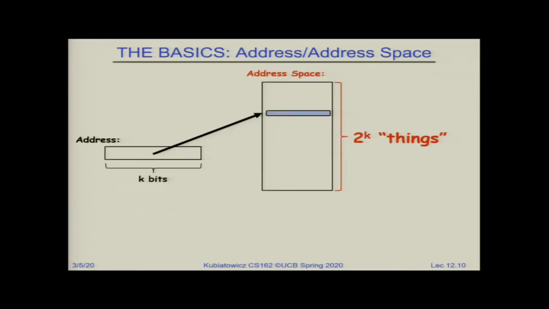That means the address space is a set of 2 to the k things. If you've got 8 bits, 2 to the 8th is 256, so you only get 256 things. That's a pretty boring address space. We're dealing with 32 bits or 64 bits, so it gets a little bigger. And what's a thing? A thing is a byte, which is 8 bits.